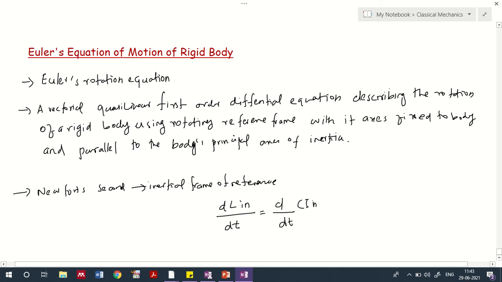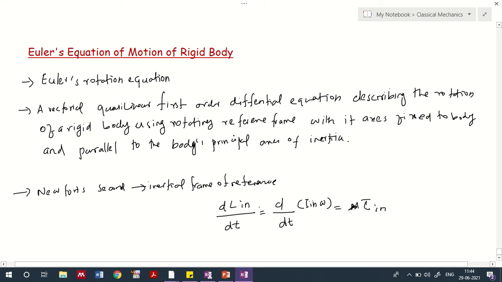I_in is the moment of inertia tensor in the inertial frame of reference, and corresponding to that you get the torque in the inertial frame, as dL_in/dt. You already know this. To get the torque you take the rate of change of angular momentum. Torque means rotational force. Now, this we derived in the case of Newton's second law.